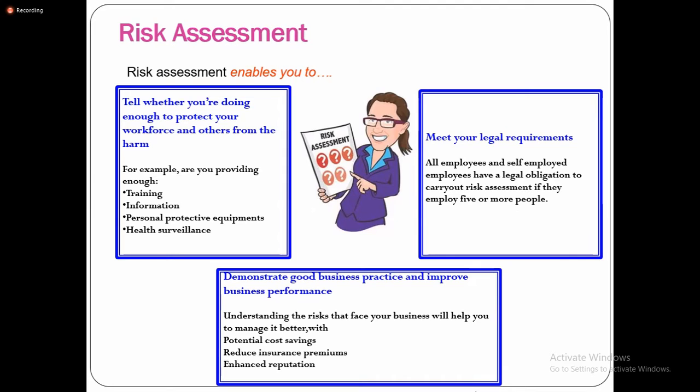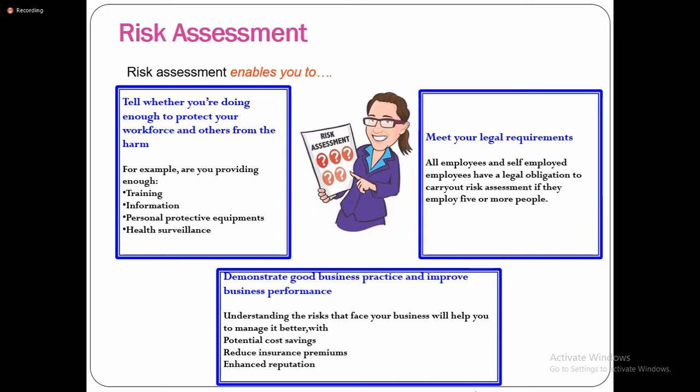Actually, in the UK, it is compulsory. In the UK, under the HSE, the Health and Safety Executive, like the Labour Department in Sri Lanka, they have a very powerful legal body. It governs all the health and safety matters in the UK.